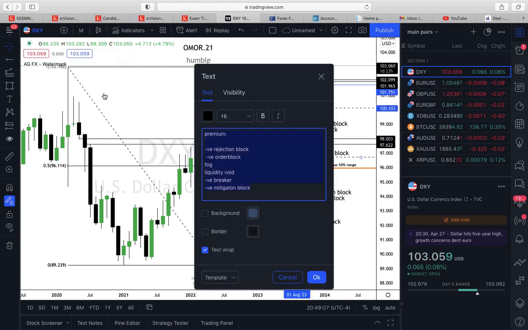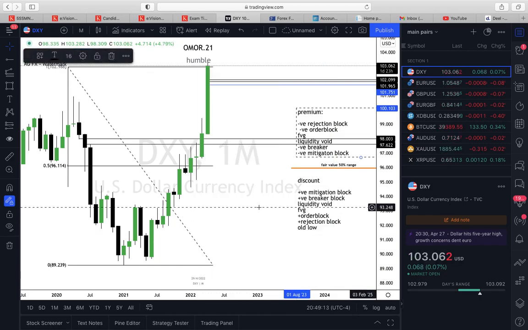It was called fog. Let me change that because it always changes itself to fog when you type it, because of the spell check. So we had the breaker, the fair value gap, and you see how they're one after the other. The liquidity void is absent, so we skip over it and we look for the fair value gap.